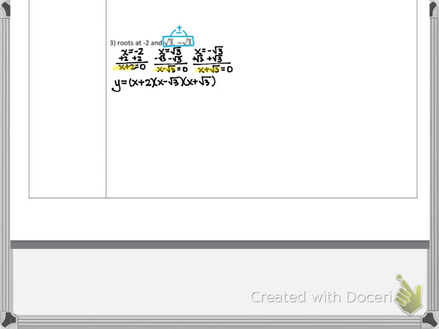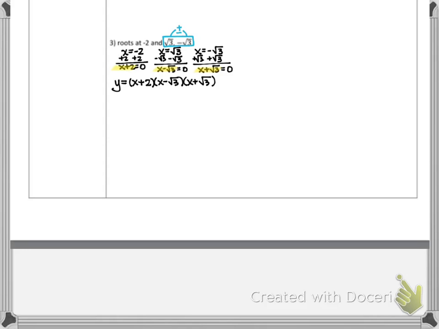I don't have a problem with the x plus 2. That doesn't bother me. The x minus root 3 and the x plus root 3, I do have a problem with. Oh, and now that I take a look at the directions, it did say I had to put it in standard form. So I'm going to go back to page 2 again in just a second. So I got to multiply this out. So I do have to multiply out number 2. So we'll go back to that guy.